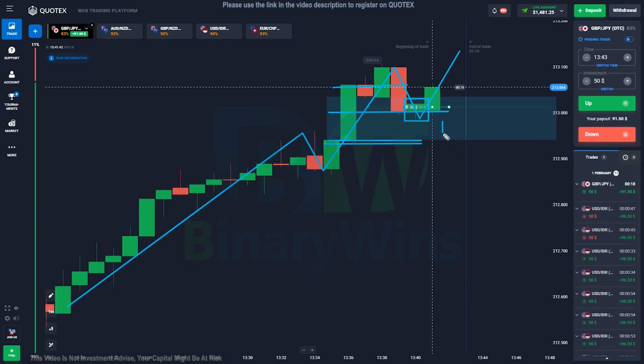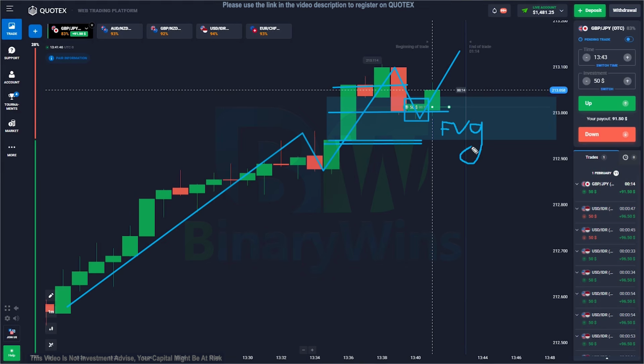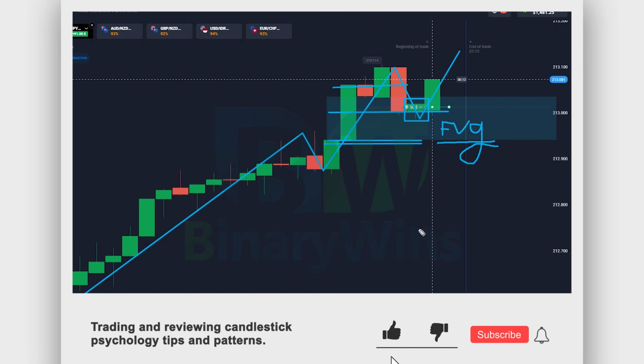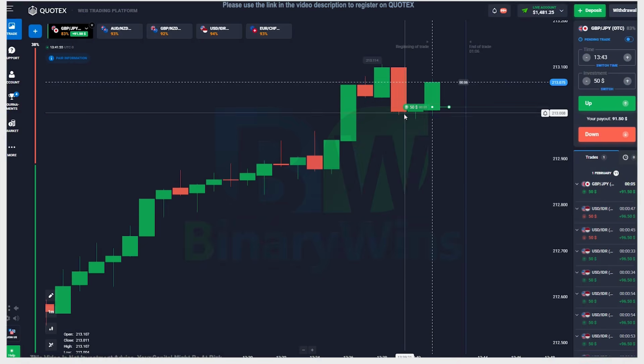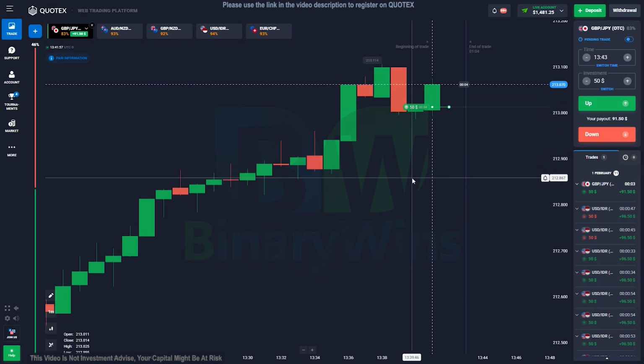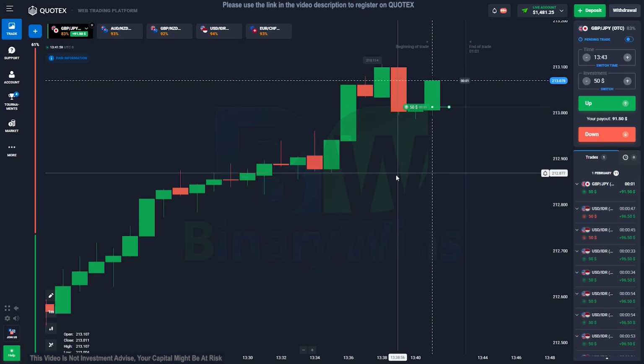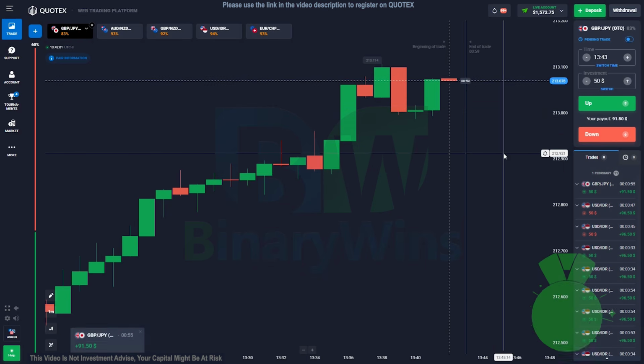As I said, we have an FVG area here. Due to the formation of a reversal candle, a green spinning top candle in the FVG area, I entered the higher trade.